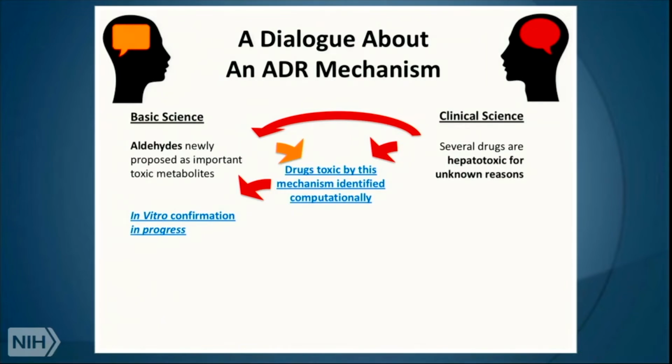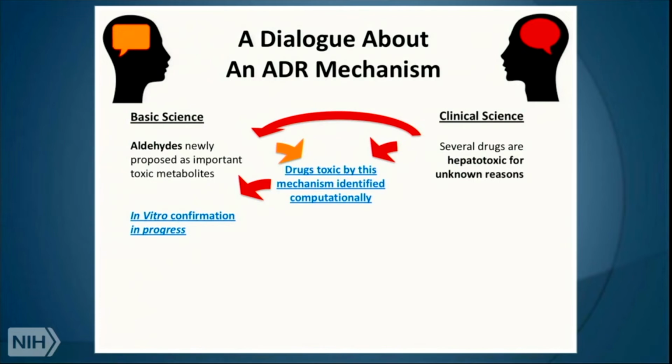Now on the clinical side, there are several drugs that are hepatotoxic by hypersensitivity-driven ways, but we don't know why. We don't actually know ahead of time what the bioactivation mechanism is. So we can take these two things arising in two separate discourses and ask, is there a connection between these? And can we identify computationally drugs that are toxic by this mechanism?